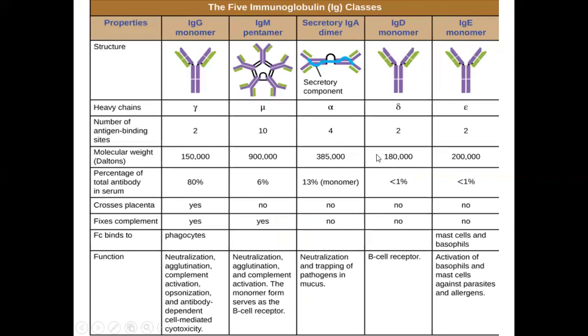So in the human body, there are 5 classes of antibodies: immunoglobulin G, M, A, D, and E. Immunoglobulin G is a large part of immunoglobulin. So in our bodies, there is more immunoglobulin G than other antibodies, and it has 2 antigen binding sites.